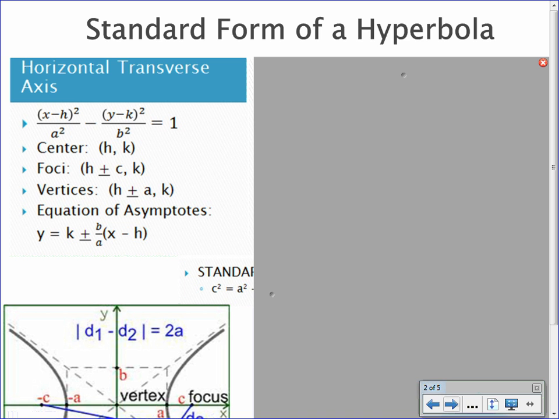Our center is still going to be at (h, k). Our foci are still c away from that center. Our vertices are still a away from the center.